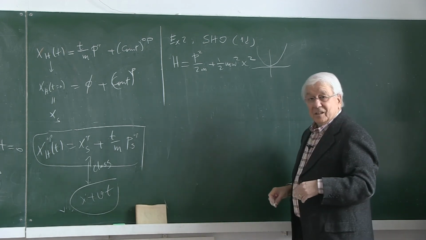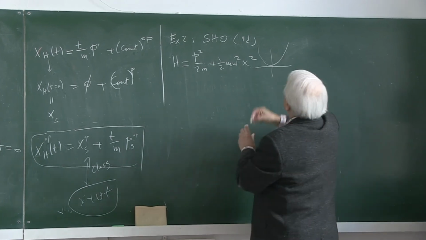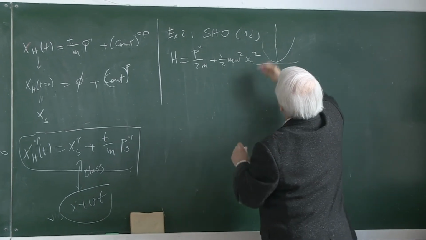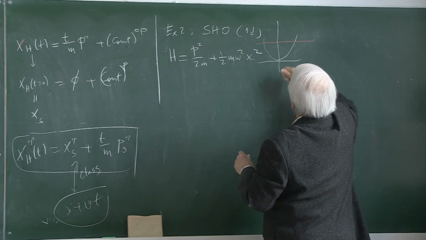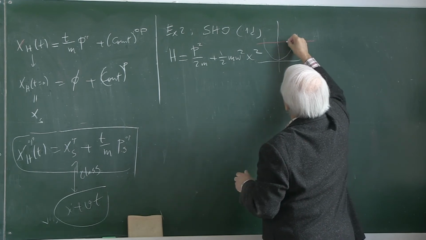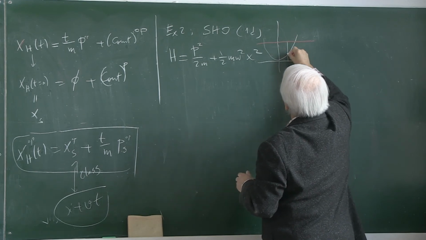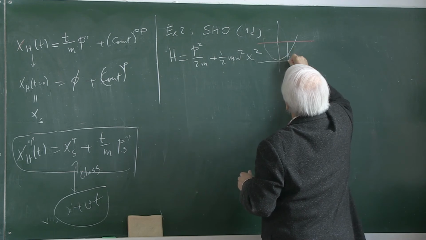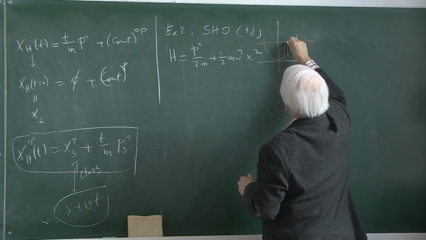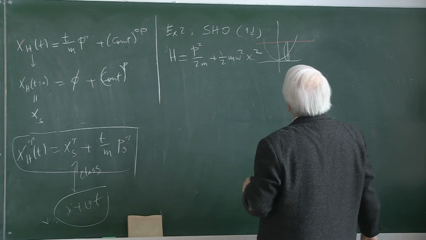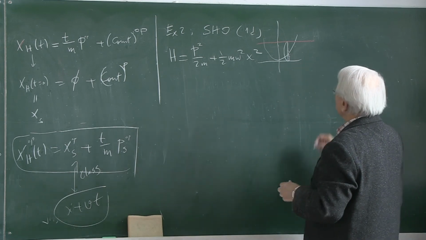The energy is the kinetic plus the potential. So at this point, this is the total energy, and this portion is the potential energy, and that much is the kinetic energy.